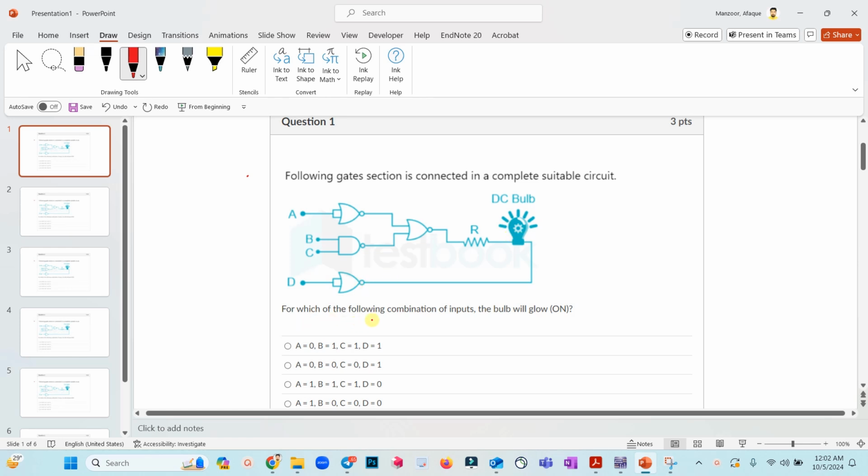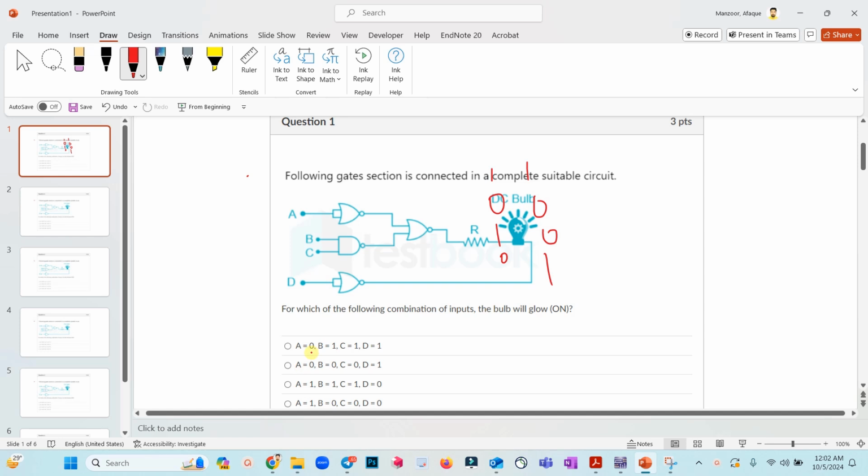The question is, for which of the following combinations of inputs the bulb will glow, or it will be on. So the bulb will be on if it gets 1 from here or 0 from here. For example, the bulb can be on if it gets 0 from here and 1 from here, right? But it cannot be on if it gets 0 from both sides or even 1 from both sides, right?